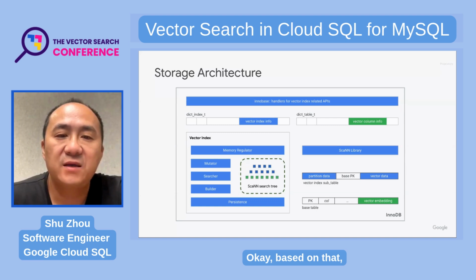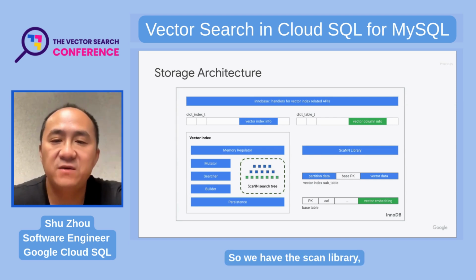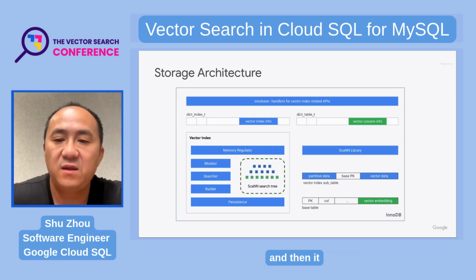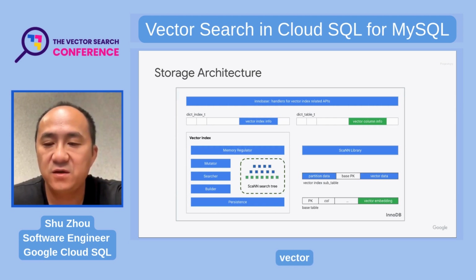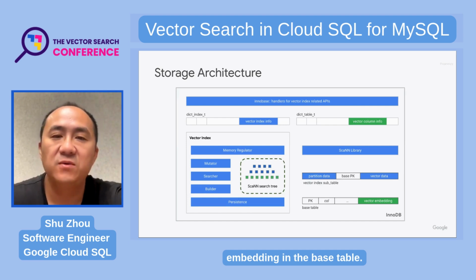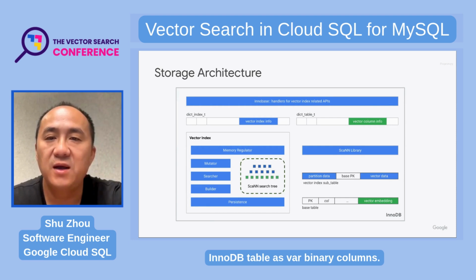Okay, based on that, here is our storage architecture. So we have the Scan library, and it helps us to maintain vector embeddings in a base table. This is stored in a traditional DB table as varbinary columns.